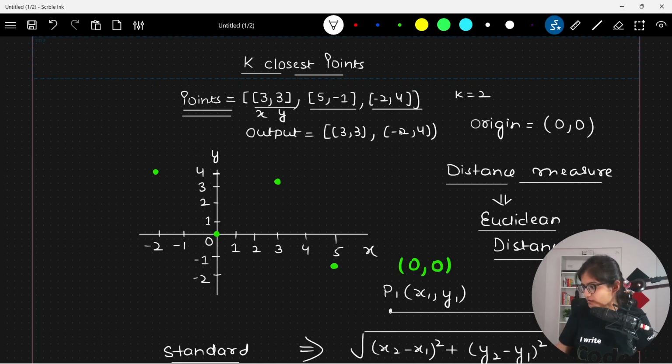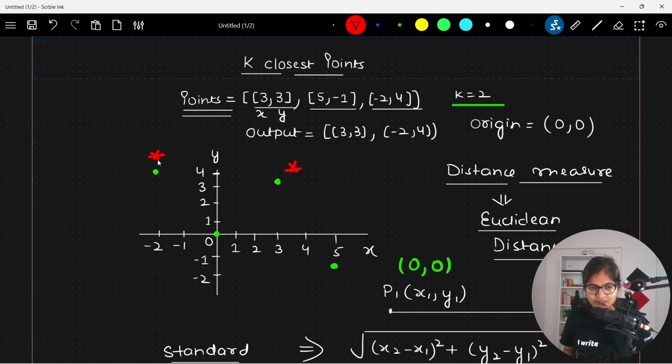Now here, one thing that we didn't discuss is the output. Suppose in our question we are passing the value of k as 2 and these are the points that we have. What are the 2 nearest points? We can clearly see that 3, 3 is the point nearest to the origin, and the second one is -2, 4.